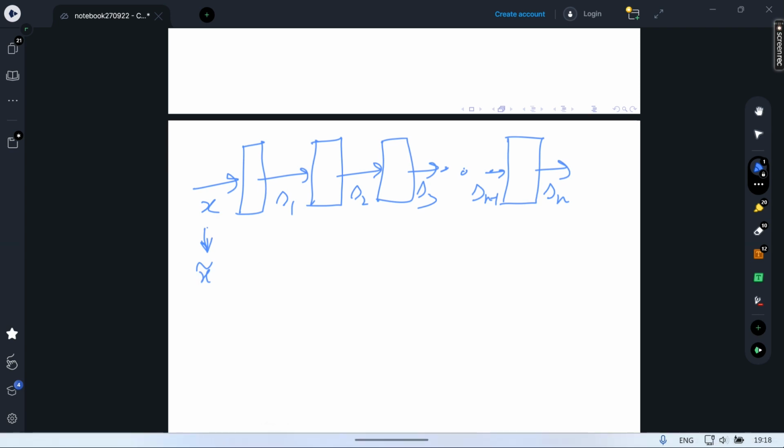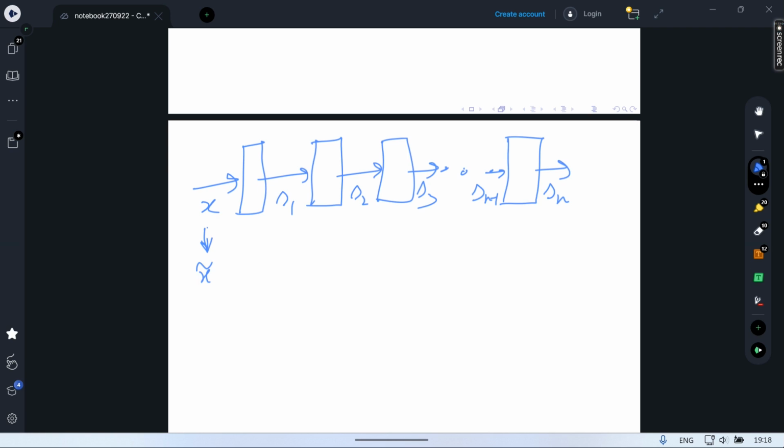Okay, now if you consider the full network, you will see that x is the input to your first layer. Similarly, S1 is the input to the second layer, S2 is the input to the third layer, and so on, until Sn minus 1 is the input to the last layer.